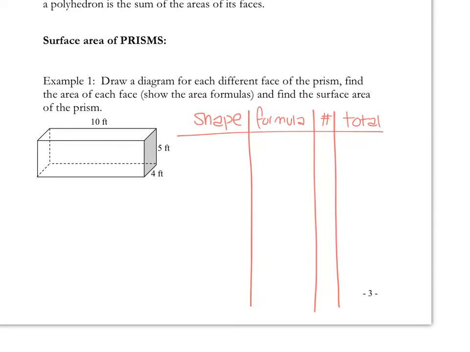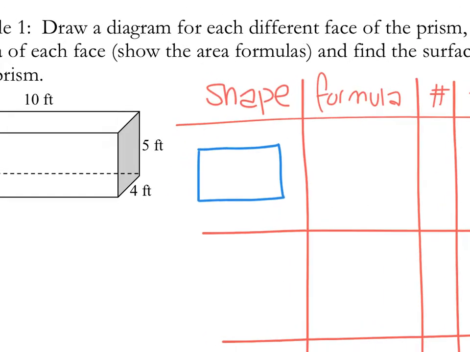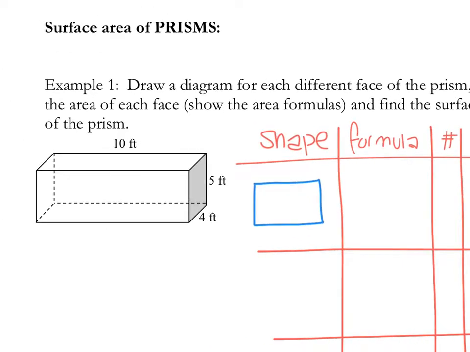So we look at our shapes and we try to figure out what shapes we have. You probably see a rectangle. And there's going to be several different rectangles, but the first one is a rectangle here, and let's do the bottom and the top of our shape.